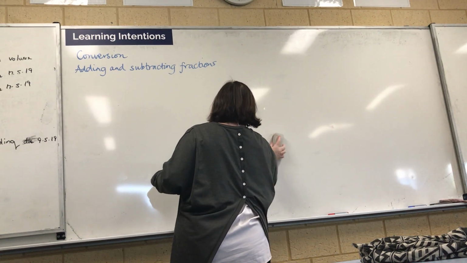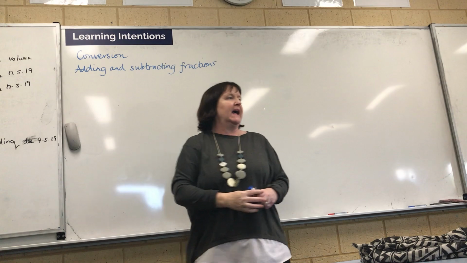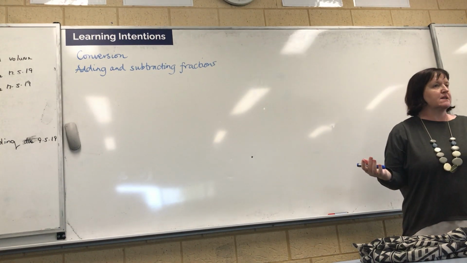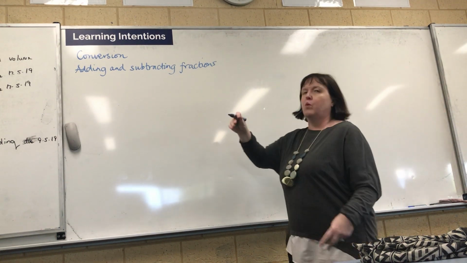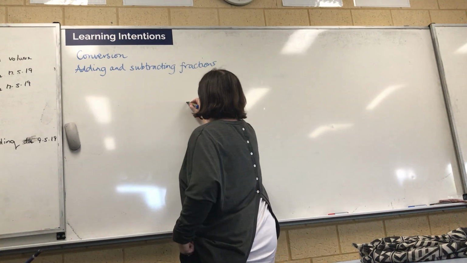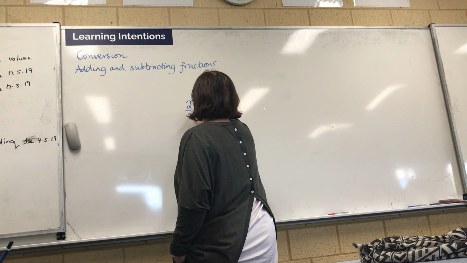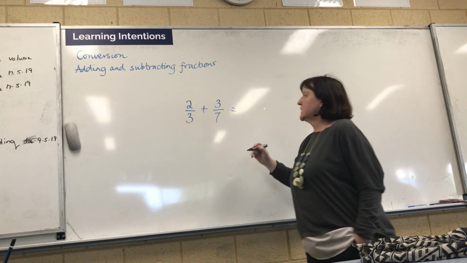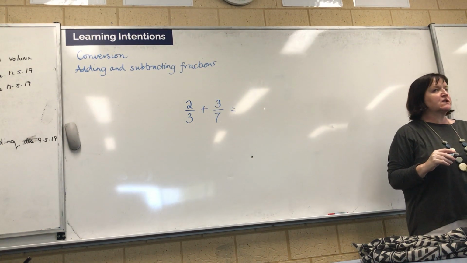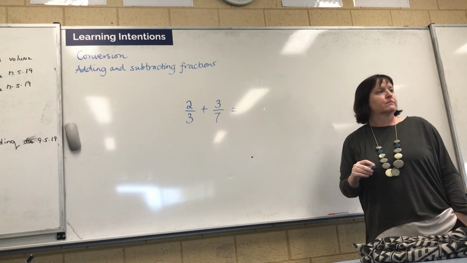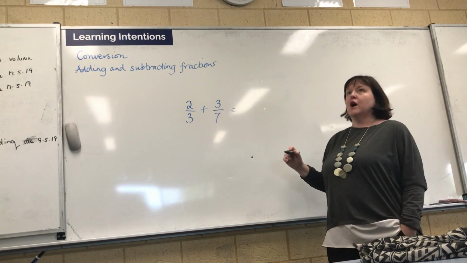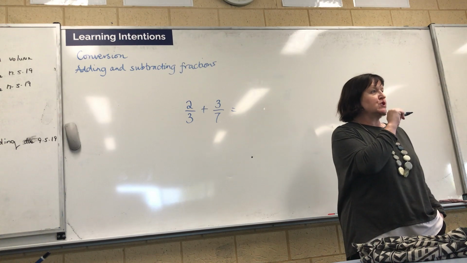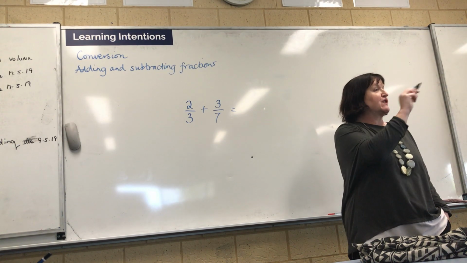So there's my border line. So the complications come when we have some sort of mixed numbers, or ones that become more than 1. So let's do something like 2/3 plus 3/7. So what would you do first of all? You wouldn't cross multiply yet. What would you have to find first?